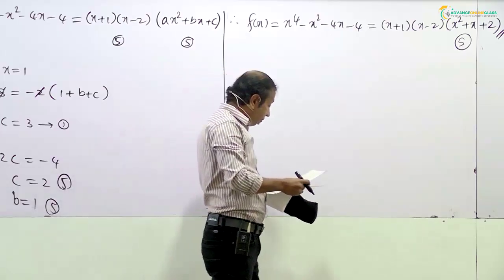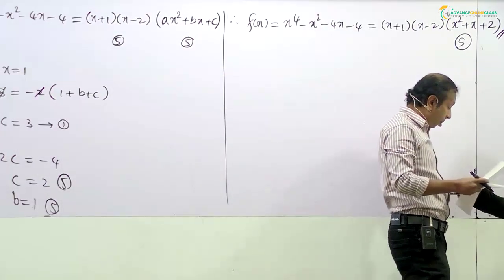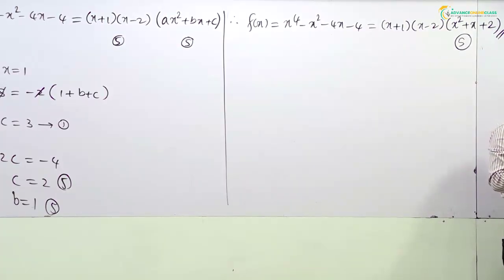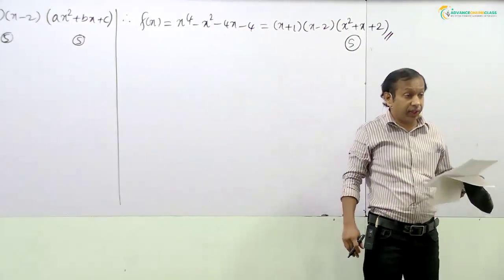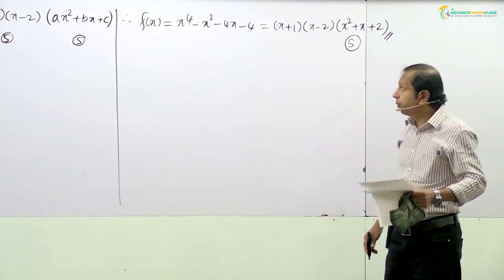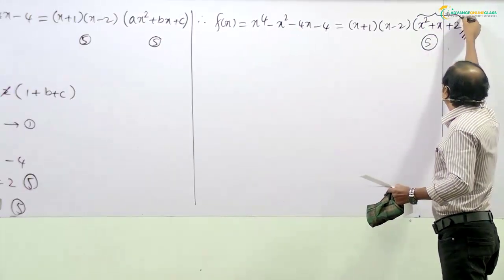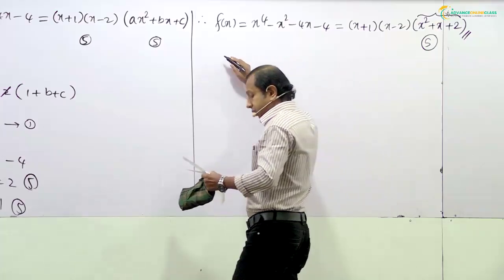Next one asking, deduce the range of x. Deduce the range of x for which f(x) is greater than or equal to 0. F(x), paper number 10, f(x) greater than or equal to 0. Right, people, now if I take this as h(x), let h(x).